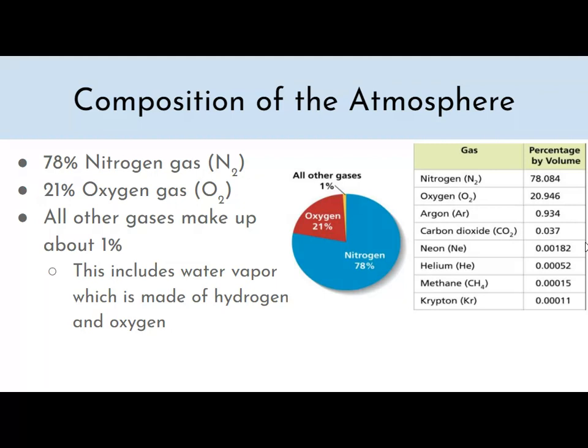Oxygen makes up about 21% of the atmosphere, and that last 1% is a bunch of different gases, things like argon, carbon dioxide, neon, helium, methane, and water vapor is also considered to be in that 1%.